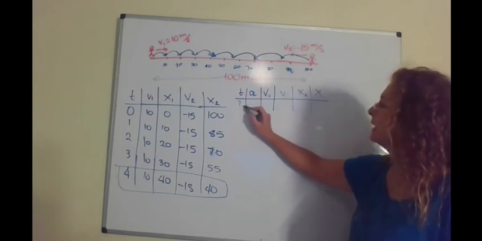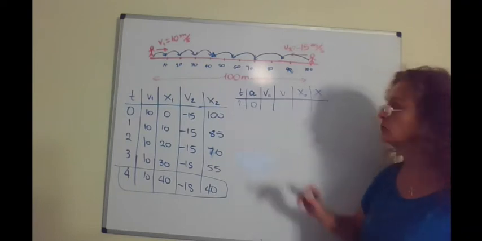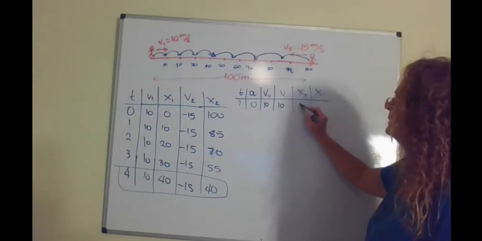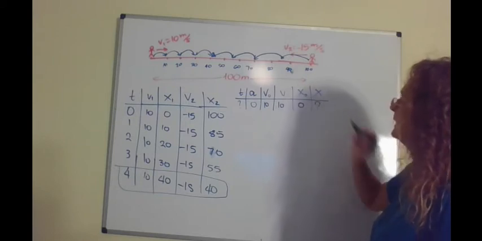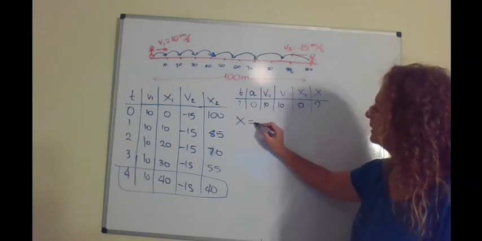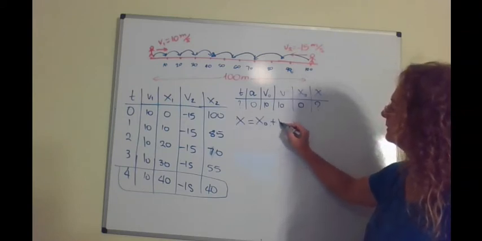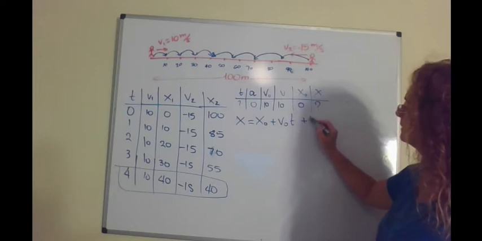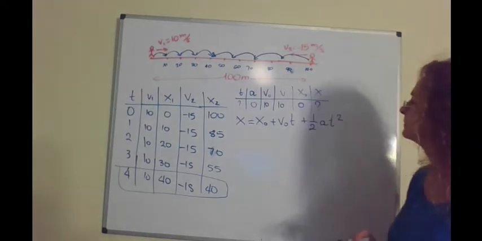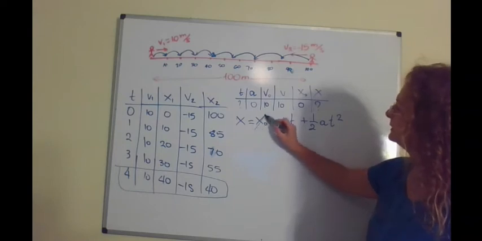So I don't know the time. I know that there's no acceleration. Velocity is 10 the whole time. And he starts from 0. I don't know the final. So using this equation, I do know that this is 0.